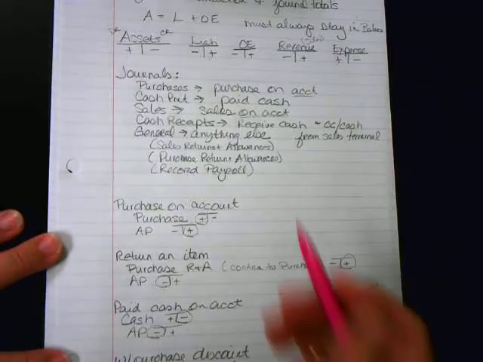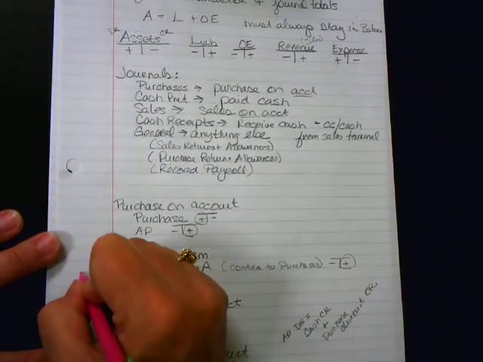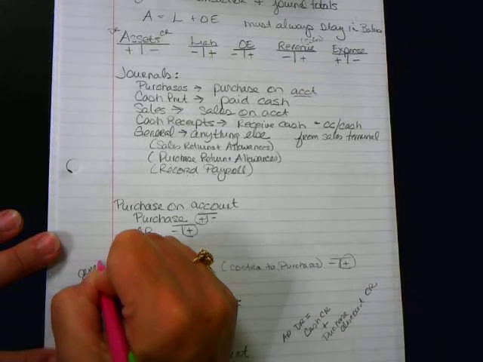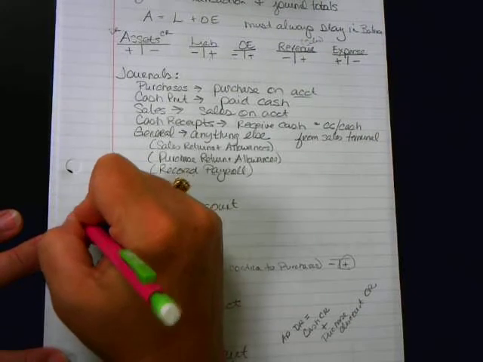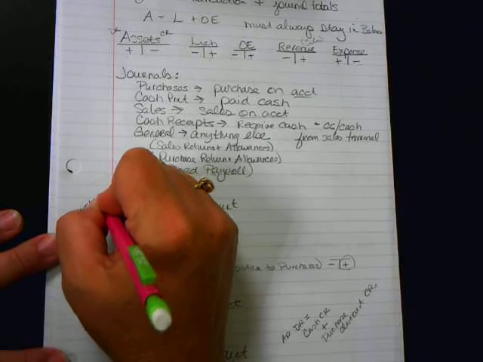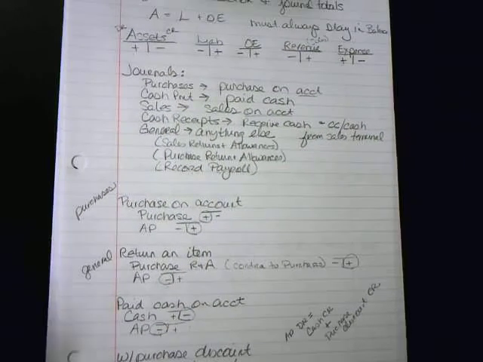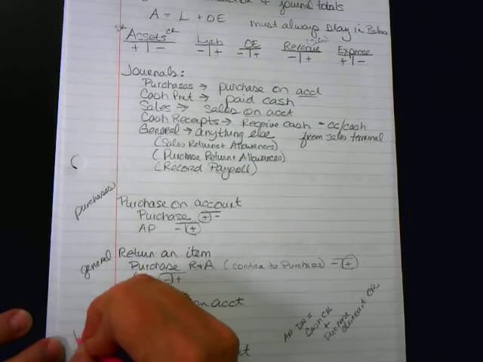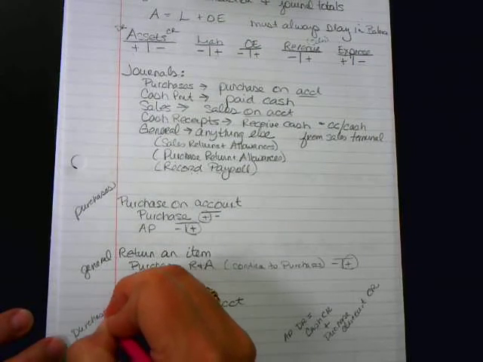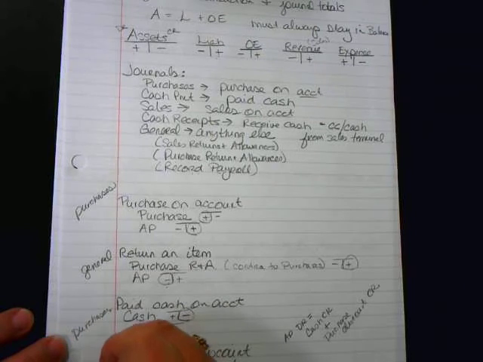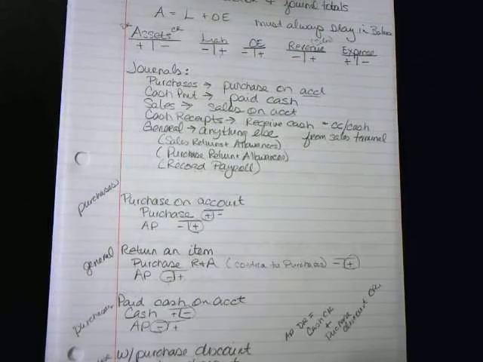And this return will go in general, but everything else will go in your purchases. And there's columns for accounts payable, there's columns for the discount. Okay, so that should really help you get started with your debits and your credits and what journal it goes in.